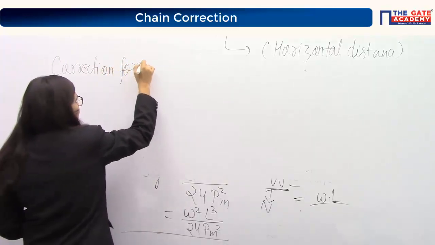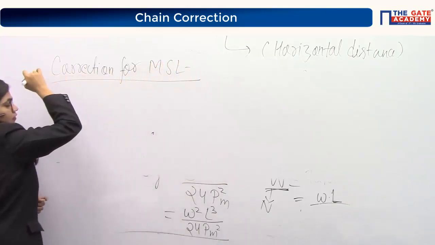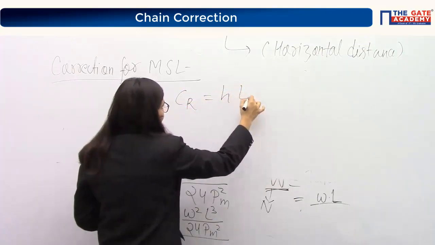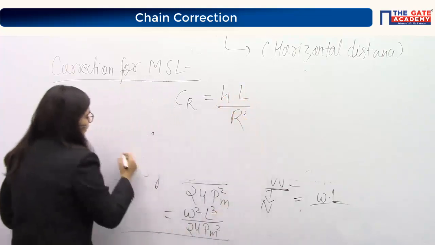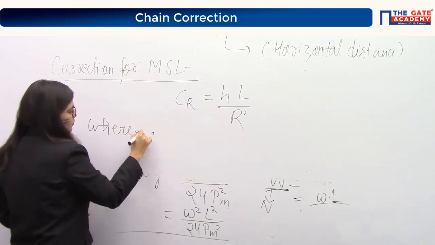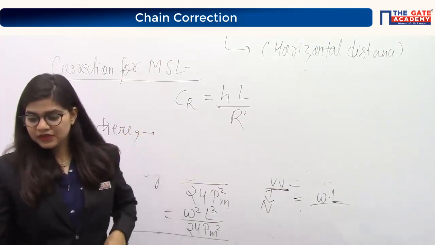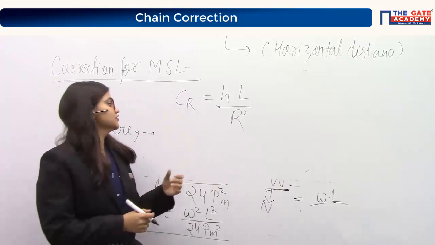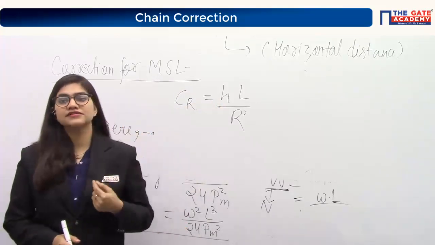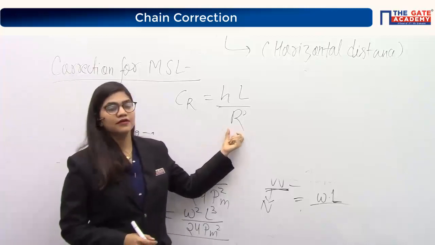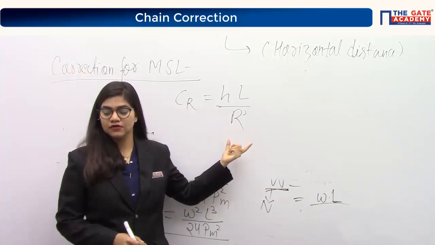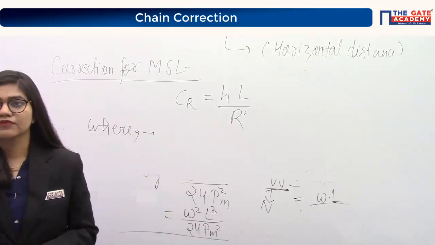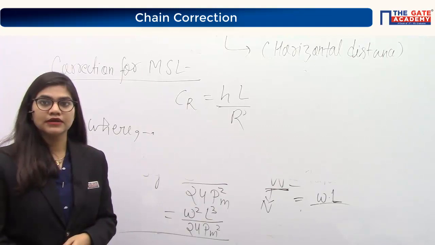The formula is CR is H into L by R, where H is elevation of baseline from MSL, R is the radius of the Earth, and L is nothing but the measured length. Clear?